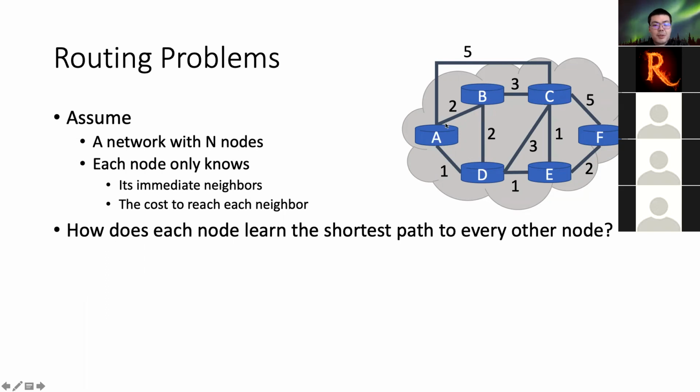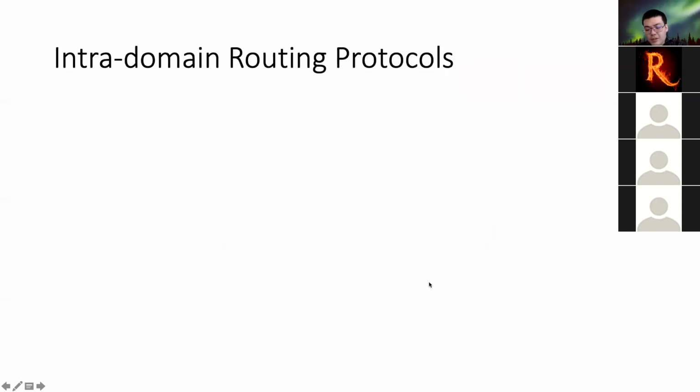B has 3 ports to A, D, and C. And the cost to reach each neighbor, because you can probe the neighbor, how fast you can send, etc. So each router only has a localized view. B cannot see F. So how does this node learn the shortest path, let's say from B to F? Apparently here it should be 2, 1, 2, instead of 3, 5, which is much larger. But how can we find this shortest path?